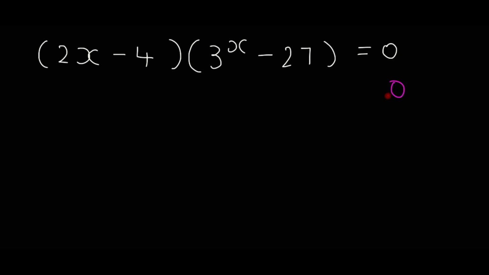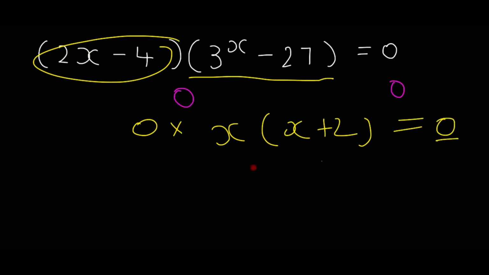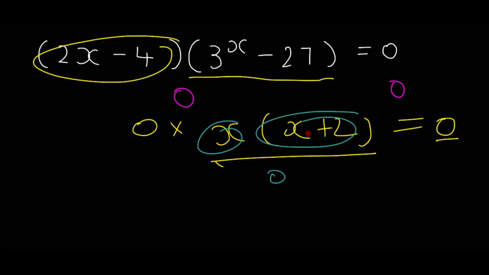If this is 0, expect this side is 0. If this bracket is 0, obviously even this one is 0, because 0 times anything is 0. So that is why, always with multiplication, even if it is something like x plus 2, as long as this side is 0, even this one is 0, because either this one or this one is 0.